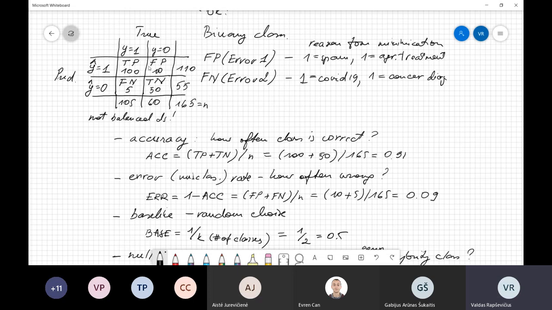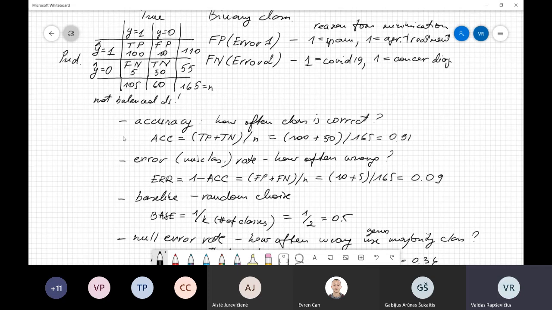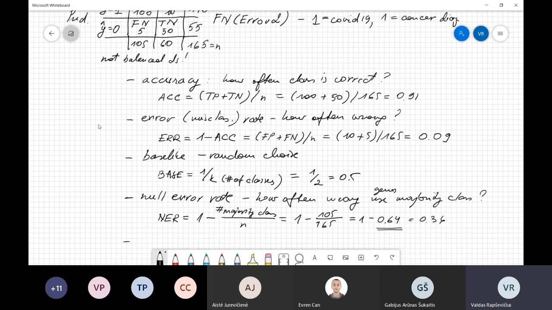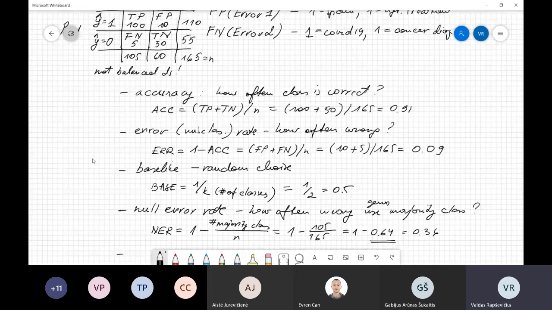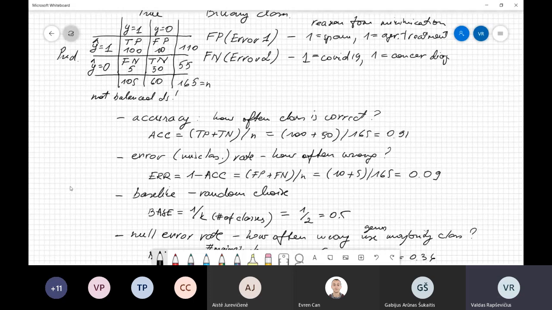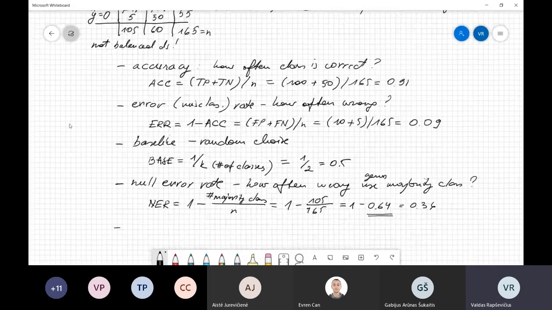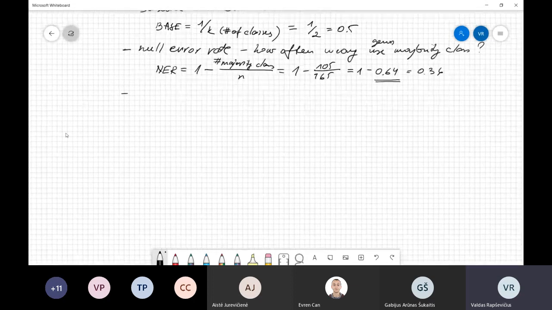You want to minimize a certain error, for diagnosing cancer or COVID-19. That's why the metrics which encompass accuracy, error, baseline, and null error rate, which include both errors, are not always okay. Because for a specific business case, we just want to minimize and concentrate on a certain error type, not both of them. So for that reason, we have some specific metrics coming mostly from medicine.